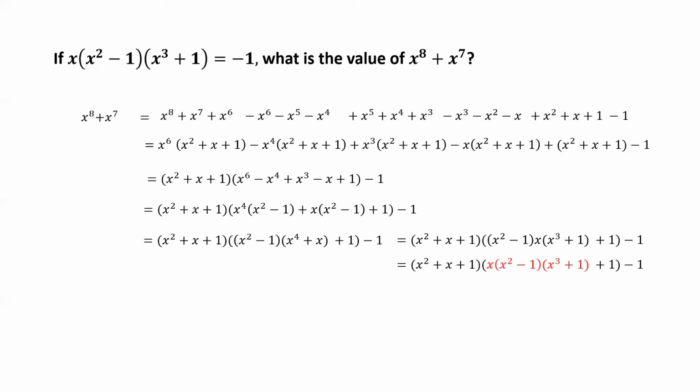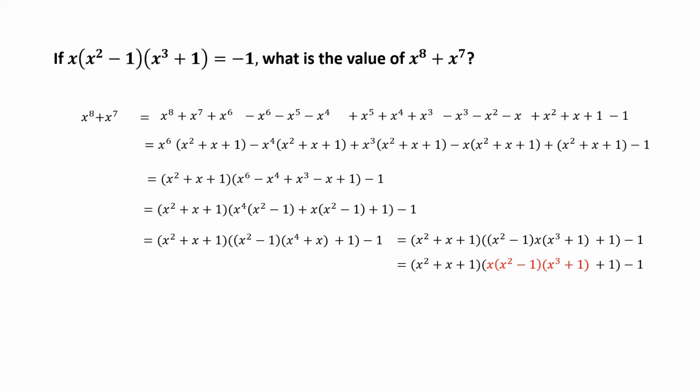And then this further comes to x squared plus x plus 1 multiplied by, within parentheses, x multiplied by x squared minus 1 multiplied by x cubed plus 1 plus 1, and then of course there's a negative 1 at the end outside.